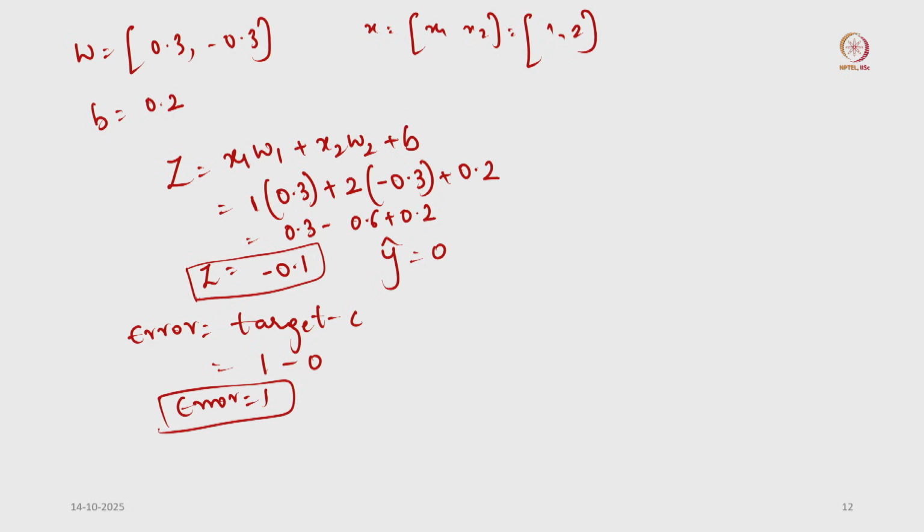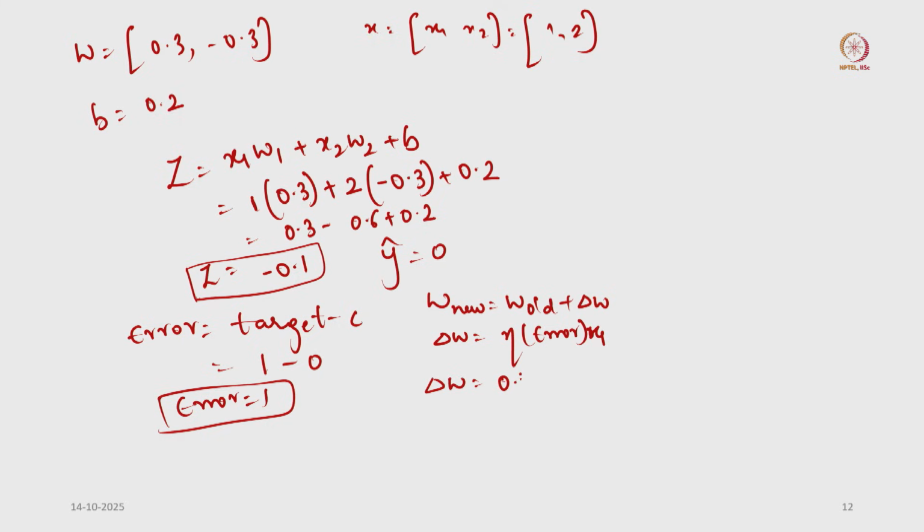So because there is an error, again we go back and update the weights. How are we updating the weights? By now you should know the formula. W new is W old plus delta W. What is delta W? It is the learning rate times the error times the input, and we update both the x1 and x2 weights and the bias. So let us solve W1.